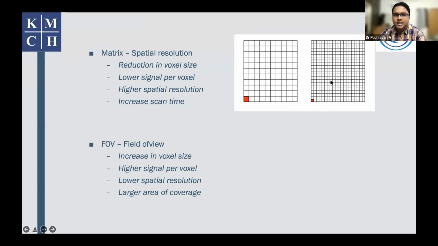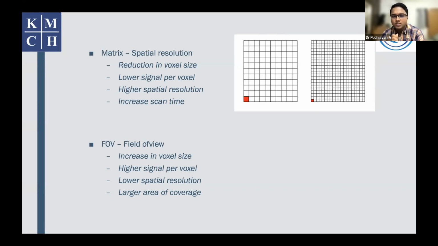When the matrix size is increased without changing the FOV, there is a reduction in voxel size. Once there is a reduction in voxel size, the signal per voxel also reduces, so there will be more noise in the image. However, you will get a higher spatial resolution. And since the number of voxels has increased, the scan duration will also increase.